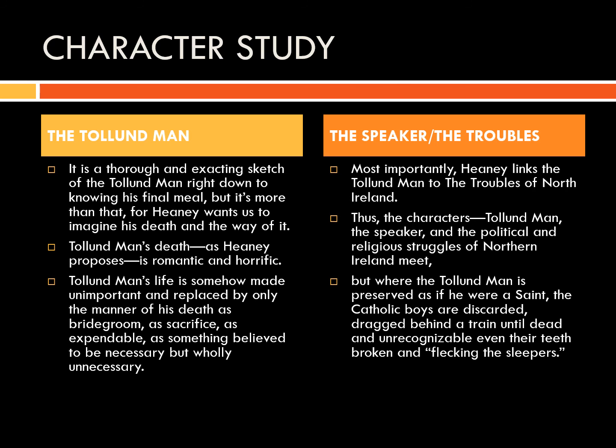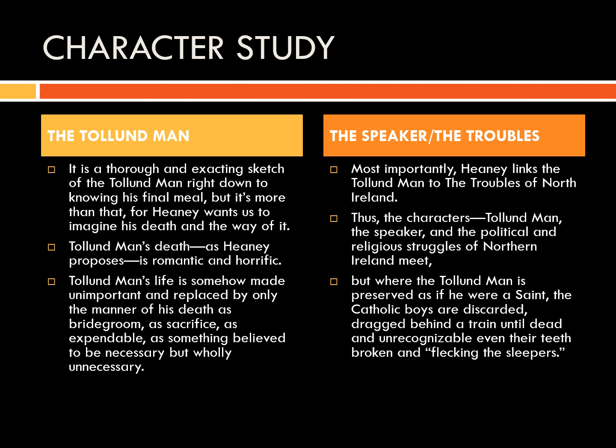And of course, on the flip side, we have this mirroring effect, with more the troubles than the actual speaker. So most importantly, Heaney links the Tollund Man to the troubles of Northern Ireland. So the characters, Tollund Man, the speaker, and the political and religious struggles of Northern Ireland meet.